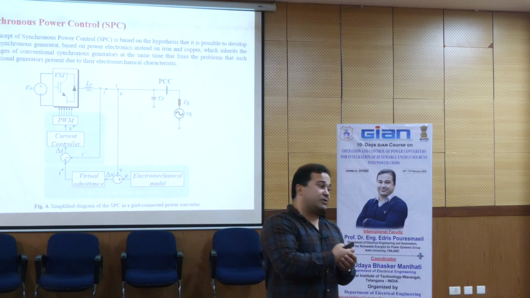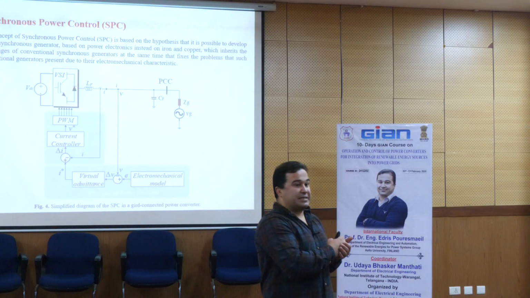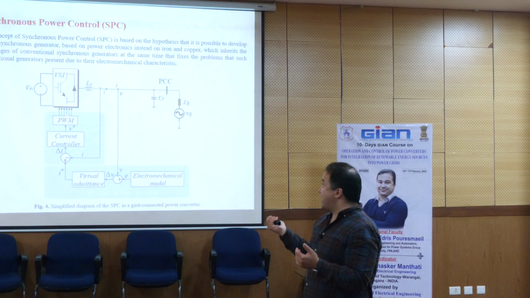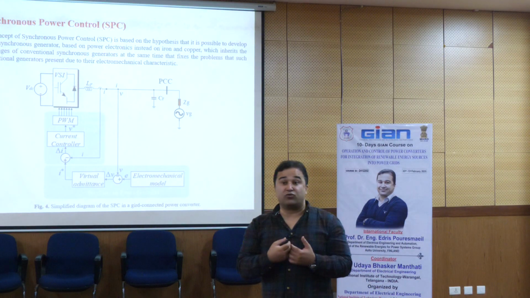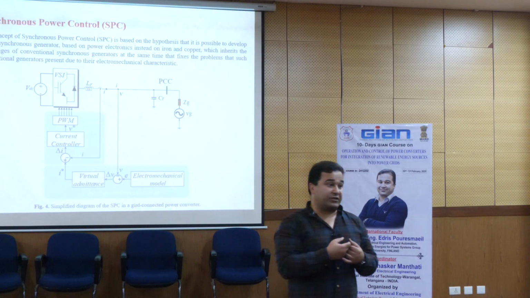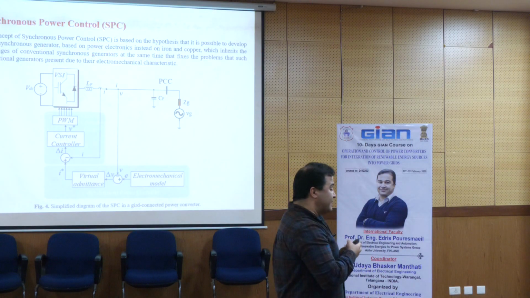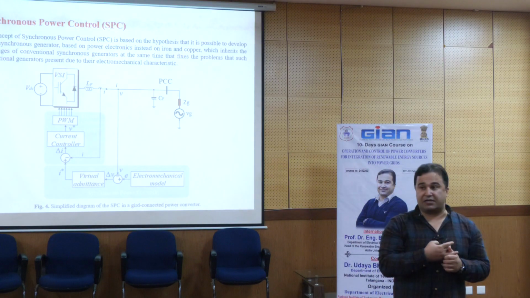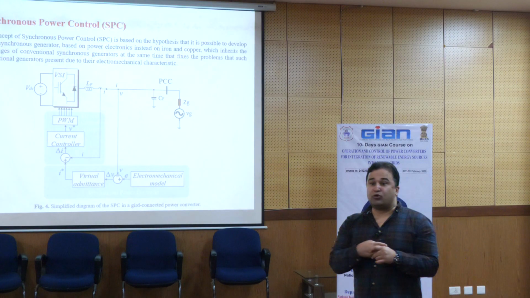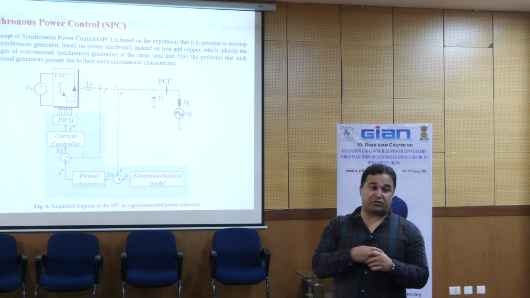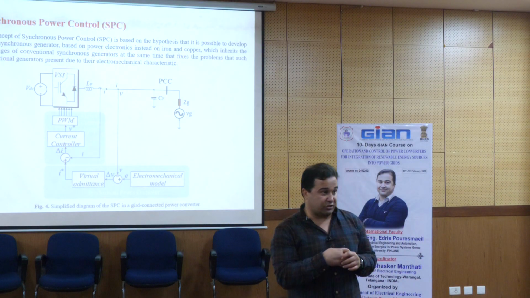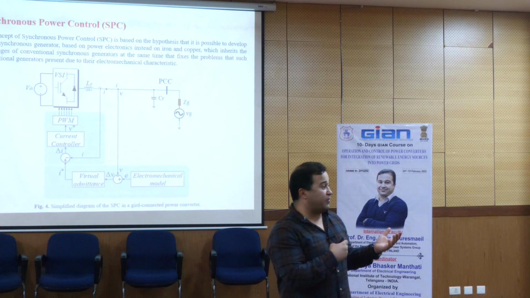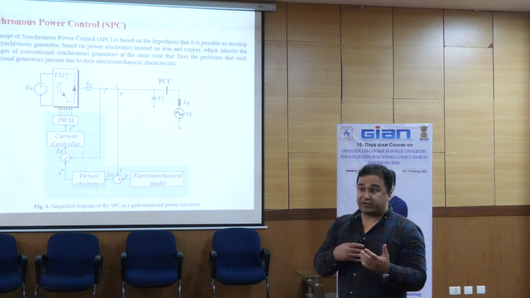So this is the main idea: beside the current control, we add new functionality to the operation of the converter-based generator. If we are going to consider this, we need to emulate the behavior of the conventional synchronous generator in the control loop of the converter-based generator.